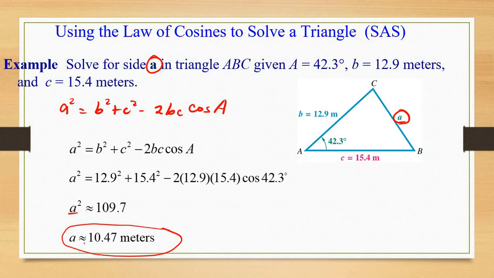Remember, if we get the square root of this, we have positive and negative. But we are talking about distance and we don't have a negative distance. Therefore, we always take the positive value.